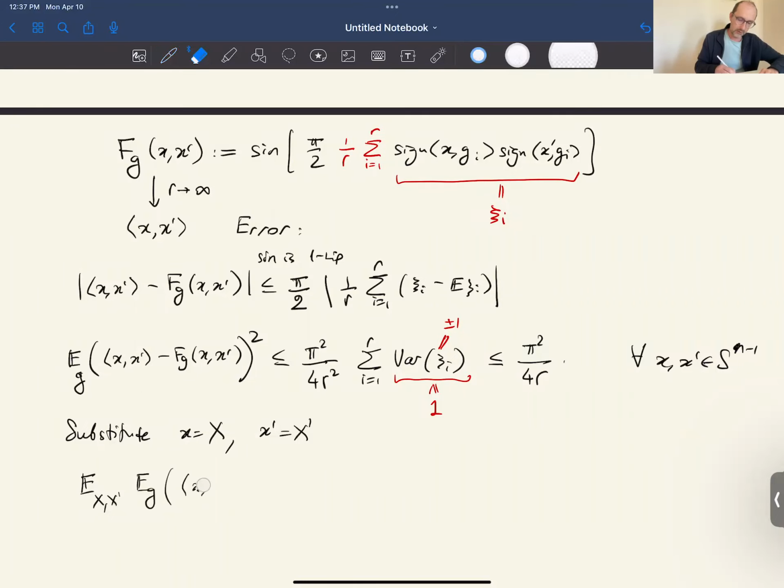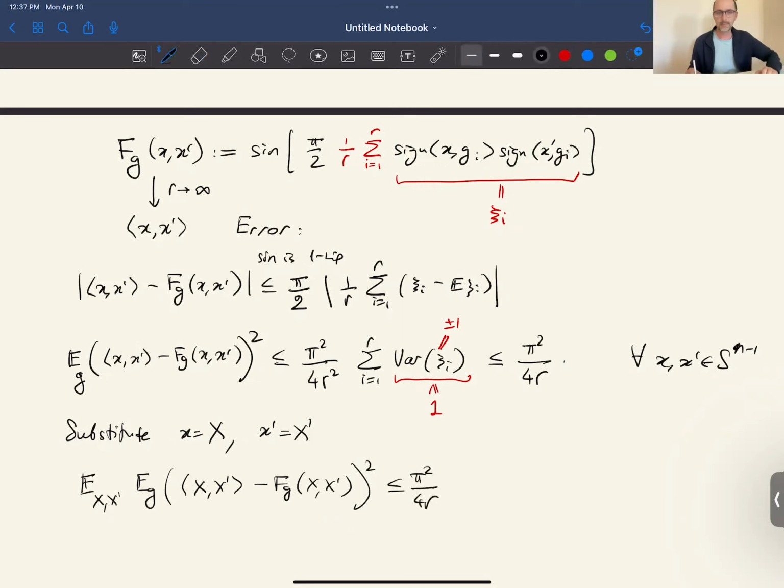And we have this random thing now, squared, which is less than pi squared over 4r. Good.